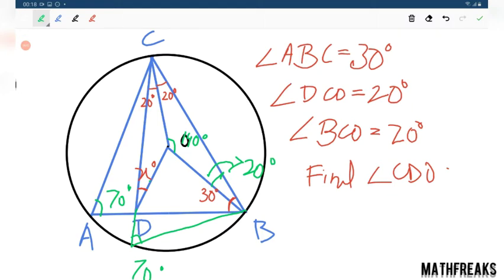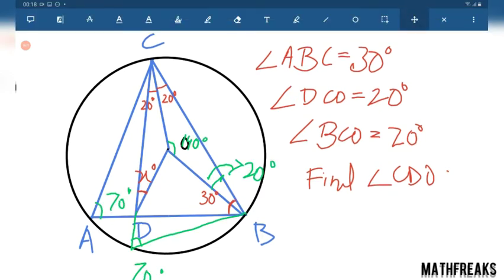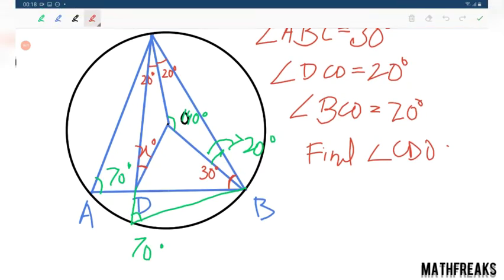Now this is 70. This is 70, this angle is 40 degrees. This is 70 degrees. 40 plus 70 equals 110. Then this total angle is also 70 degrees. This is 40 degrees if you want. This total angle is also 70 degrees.